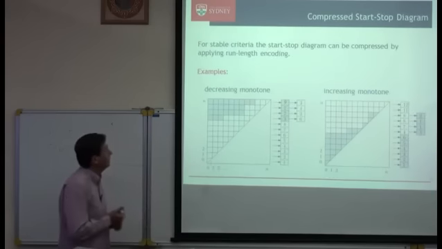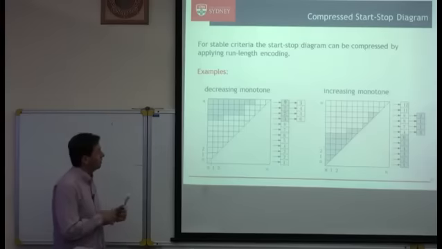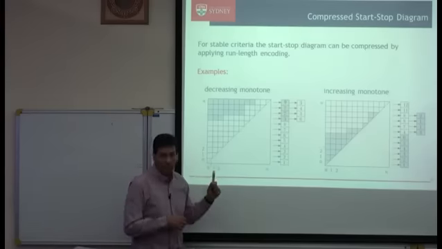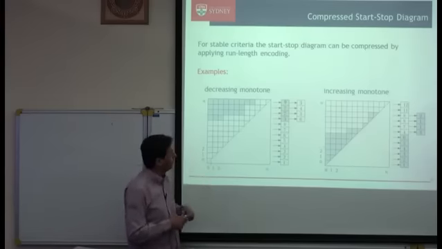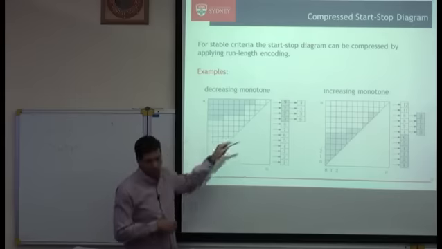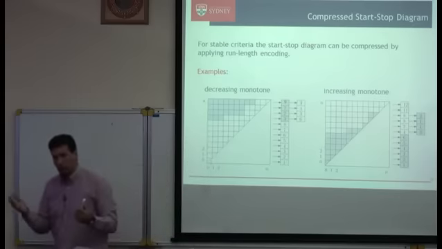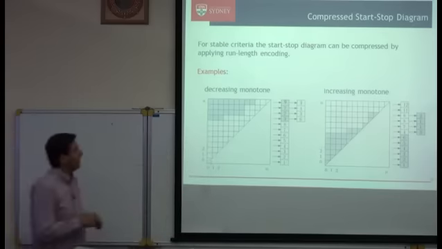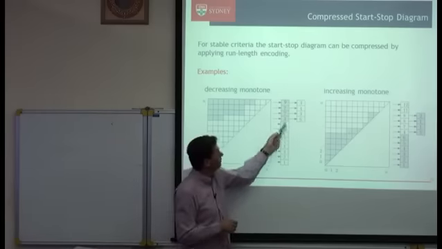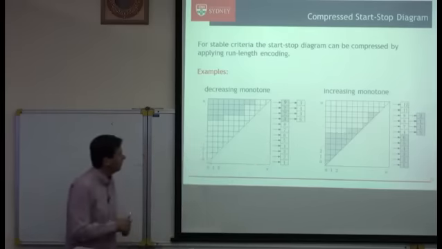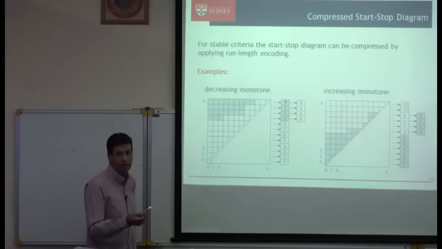Okay. So the main contribution in a very recent paper is that you can take your matrix, which usually takes quadratic time to compute, and you can use a compressed version of it. So you use run length encoding. It's a very simple idea, right?